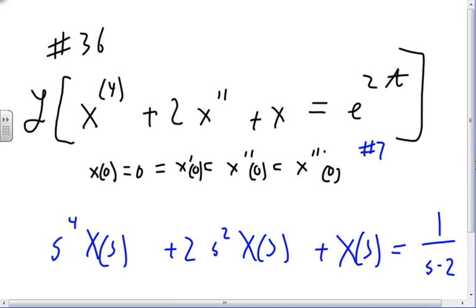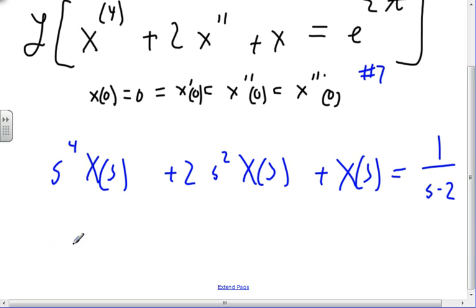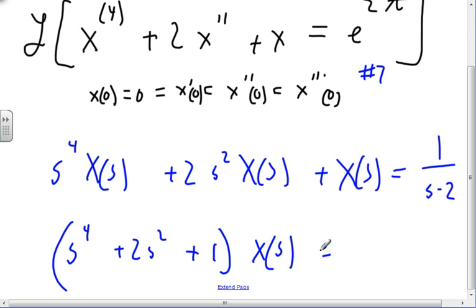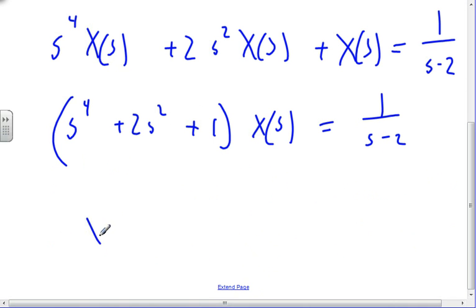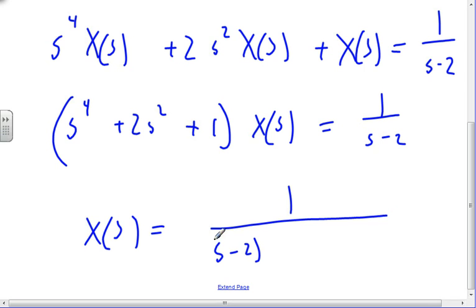All right, so I got s to the 4th, 2s squared, 1 x of s, 1 over s minus 2. I got x of s equals 1 over s minus 2, s squared plus 1 squared.